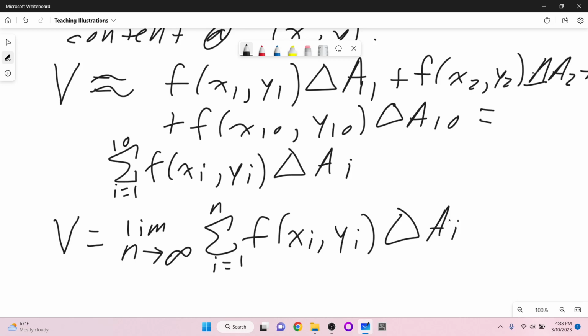And if you're wondering why it's V, it's because most commonly this is used with volume. So if it were z equals f of x, y, z is the height off of the xy plane, this would give you volume, or an estimate of volume. And then once you take the limit, it will become the exact volume.